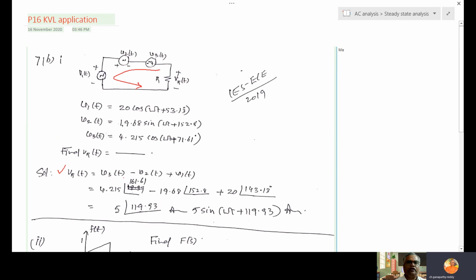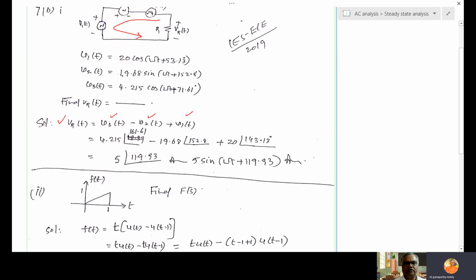So V3 of t, because this side is positive, this side is negative. So positive to negative is plus V3 of t. Going from minus to plus, so minus V2 of t, positive to negative again plus V1. Replace each one with the phasor form, take help of a calculator, simplify, and you will get the answer.